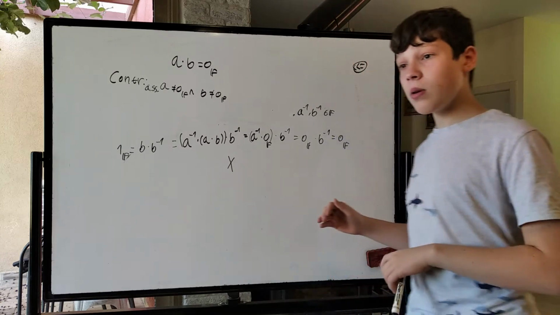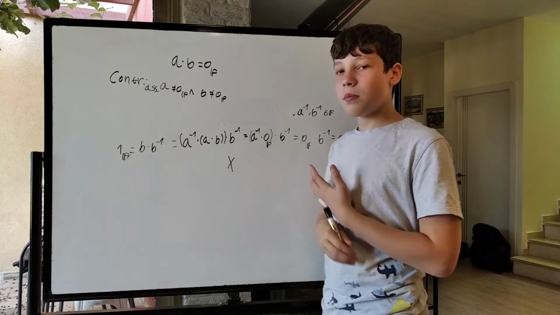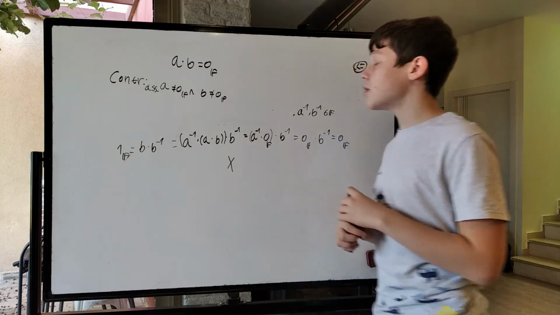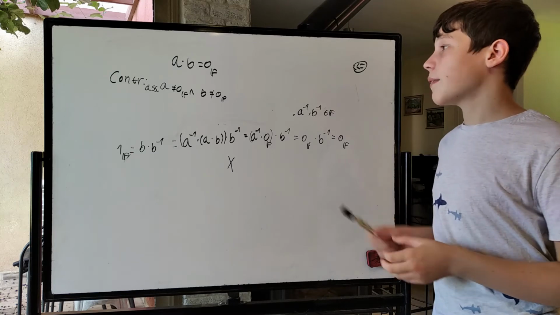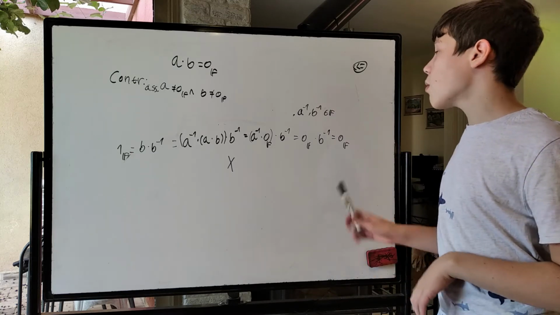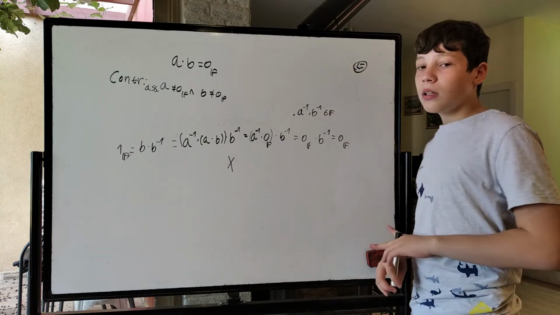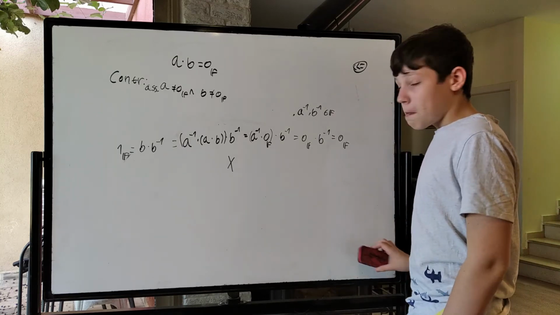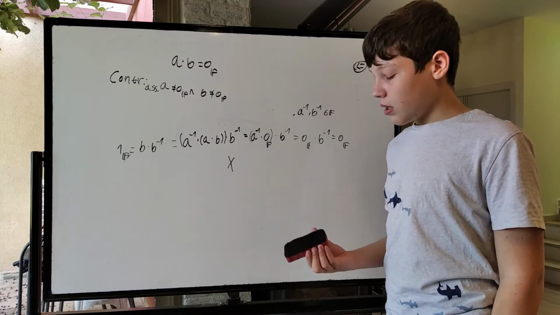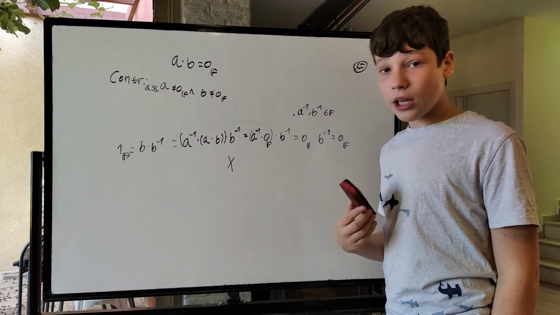If A is not 0, then do a small chain of algebra to show that B must be 0, which will tell you that either A is 0 or B is 0. But that's how I proved it, and now let's move on to an example of an actual field.